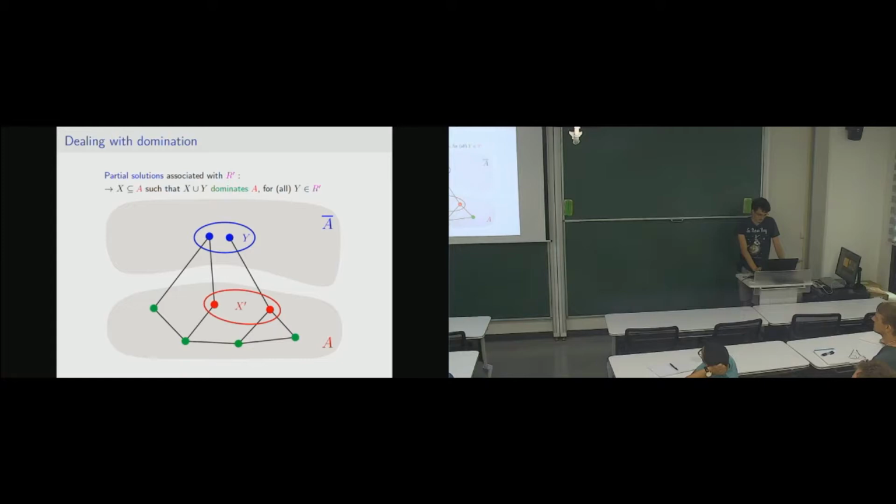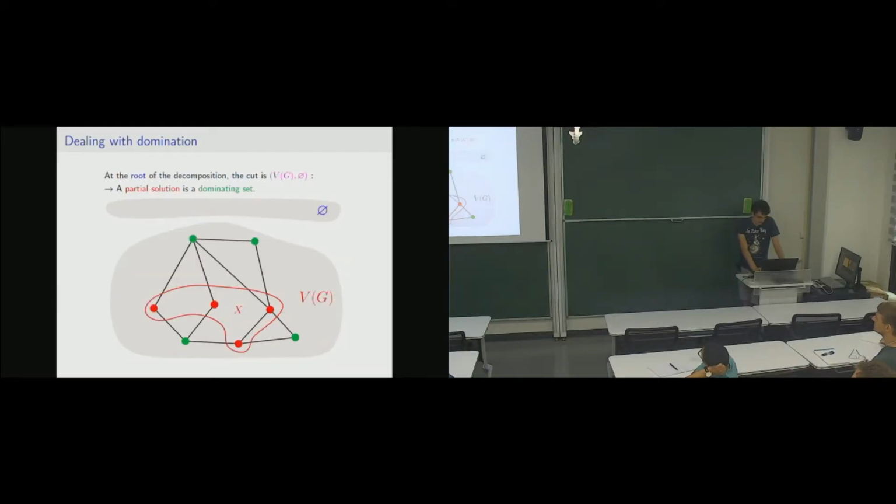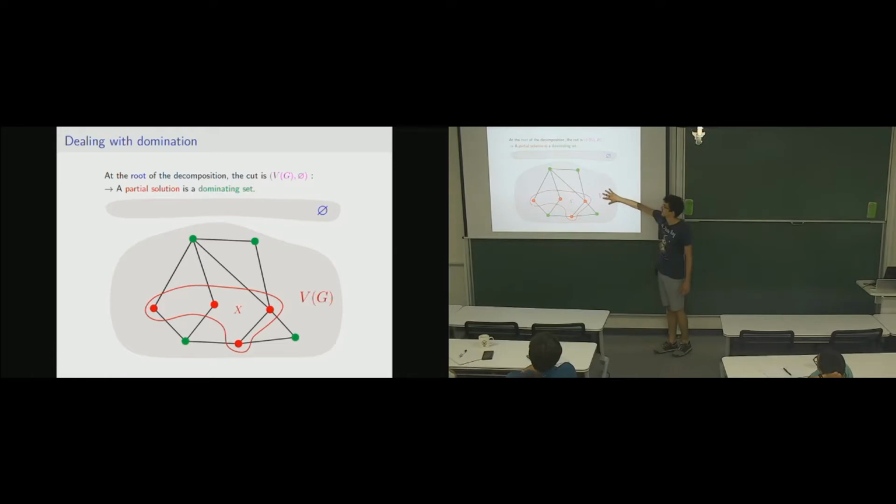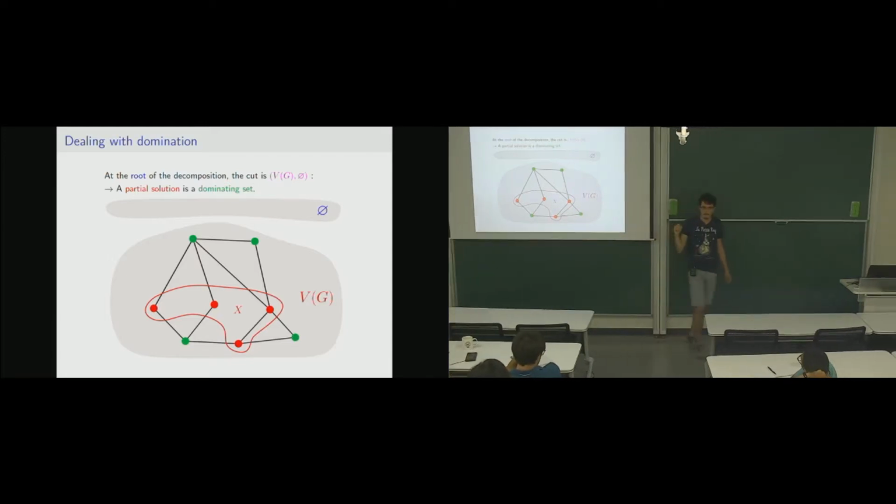So here are two partial solutions, for example. With this notion of partial solution, at the end there is one cut, every vertex is on one side and nothing on the other side, and a partial solution is necessarily a dominating set.